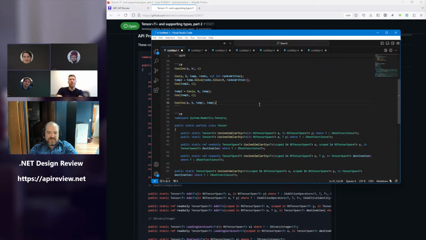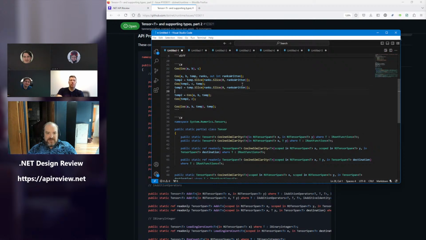Like the final statement of a chain of calls might decide to allocate a new buffer, but the rest of them use temporaries, a shared temporary. Yep. Right. So, yeah, I guess if we wanted to rewrite this to do full temp, then this would look like that, and then you'd do that again.